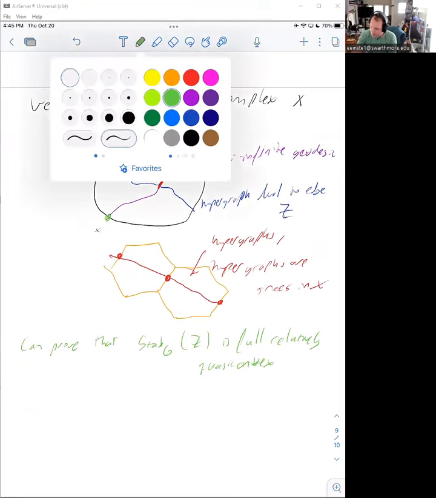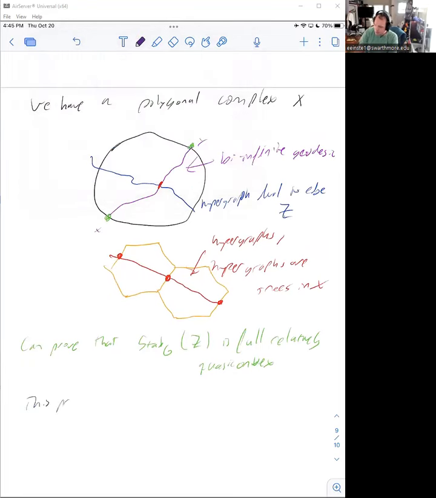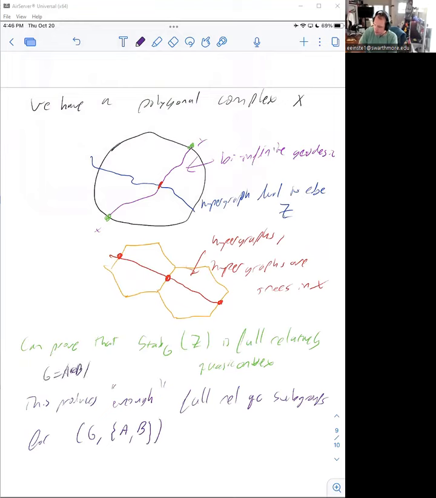So this produces enough full relatively quasi-convex subgroups for G, but only with the peripheral structure A and B. So recall that G is A star B mod R. So we get enough full relatively quasi-convex subgroups to get a relative cubulation, but it's going to be relative to the simple relatively hyperbolic structure, just with respect to the factors.